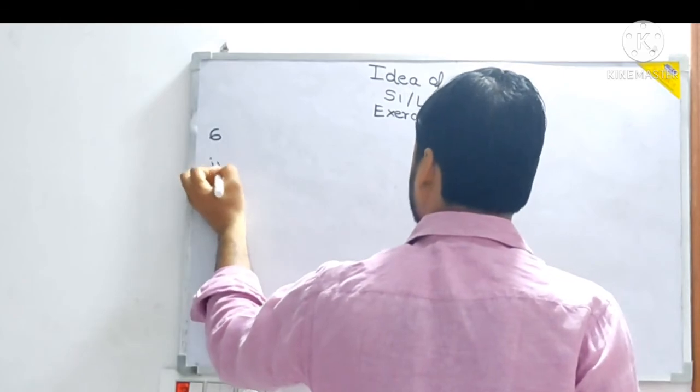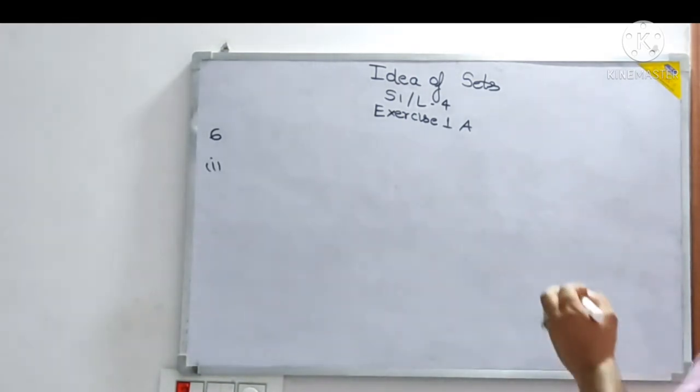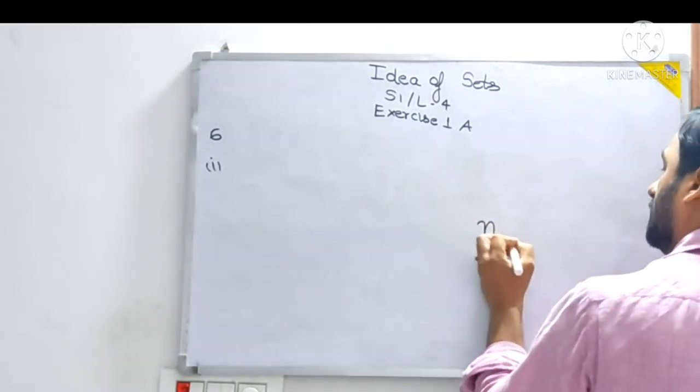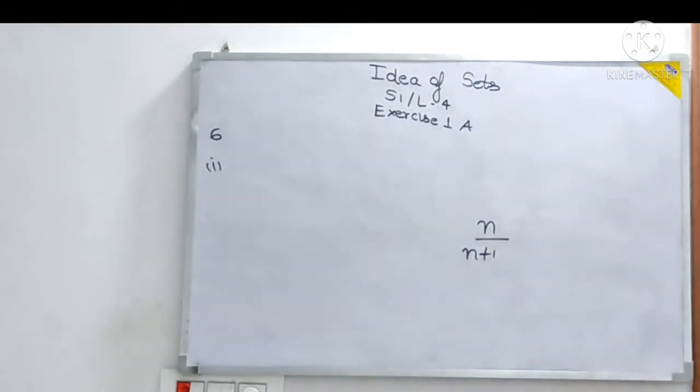So the first part we will do. It is saying express the following in tabular form. X such that x equals n by n plus 1. So what is it? N by n plus 1. What are the values there? N is less than or equal to 9.